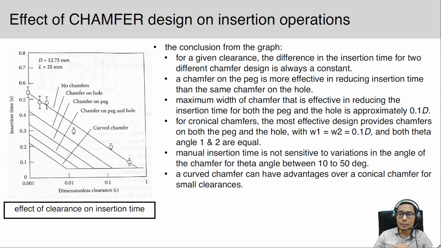A chamfer on the peg is more effective in reducing insertion time than the same chamfer on the hole, while the maximum width of chamfer that is effective in reducing the insertion time for both the peg and the hole is approximately 0.1 times D. And for conical chamfers, the most effective design provides chamfers on both the peg and the hole with W1 equal to W2 equal to 0.1 times D, the outer diameter, and both theta angles 1 and 2 are equal.